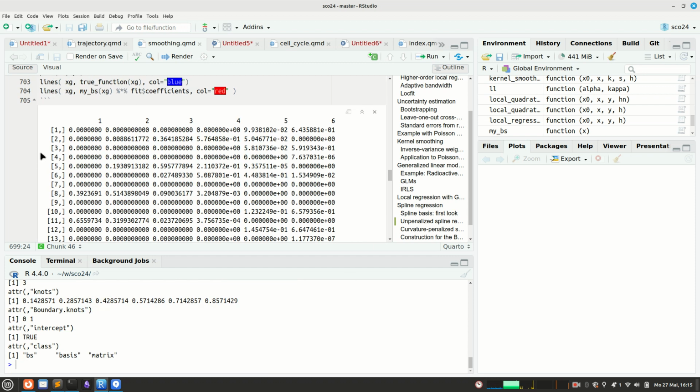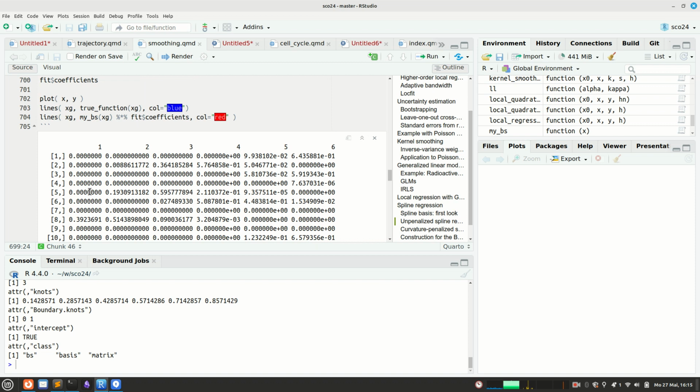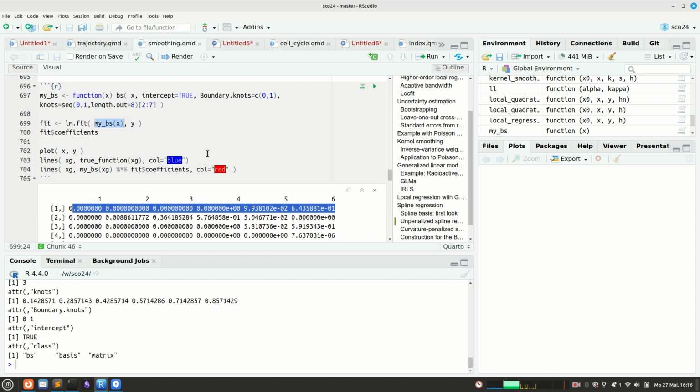For each x value of the data, I get the corresponding y values of the basis functions. Now I can say the y value of the data should be constructed as a linear combination of these values. It's exactly the same as in ordinary linear regression. You're looking for 6 coefficients beta, which you put in front of these basis functions.